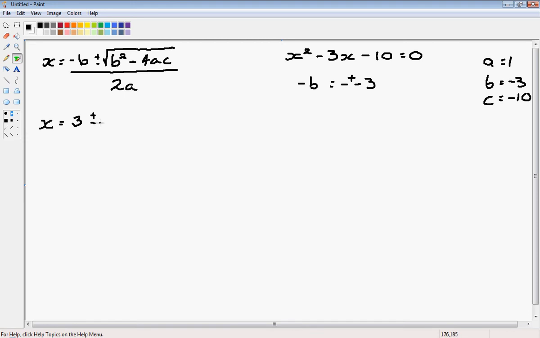Now here we carry on, so we have plus or minus the root of, now b squared, now b we said was minus 3, so this is minus 3 squared, minus 4 times a, which is 1, times c, which is minus 10.